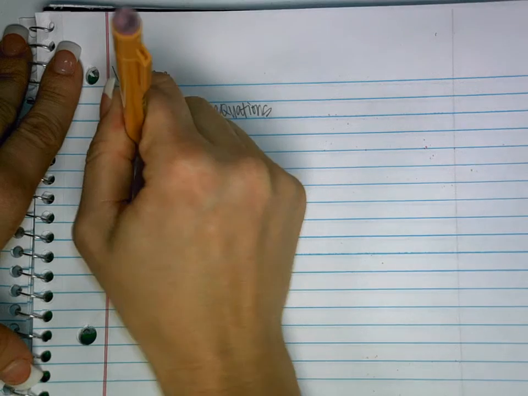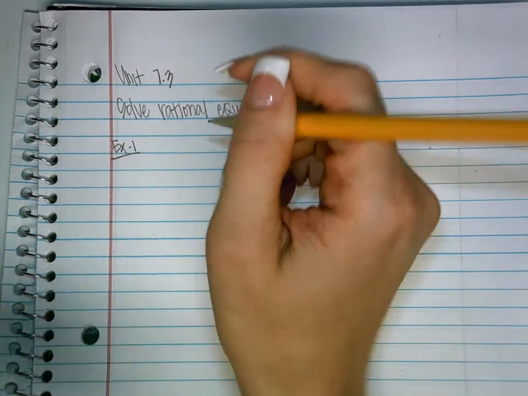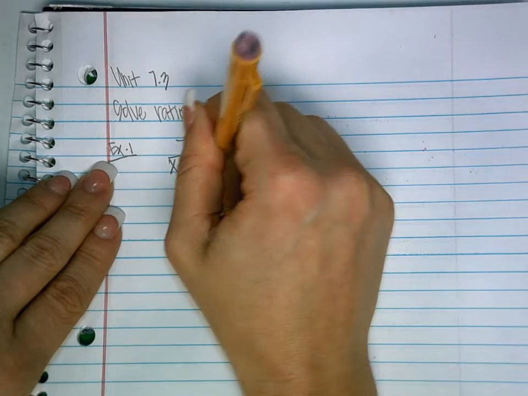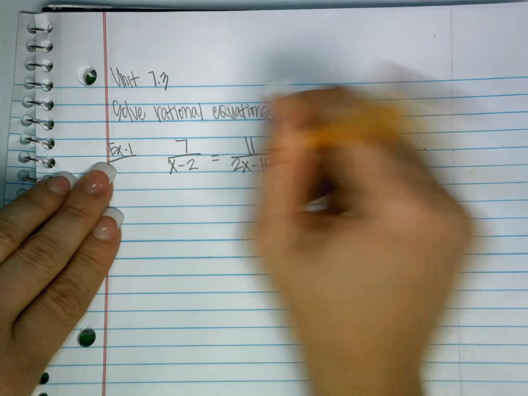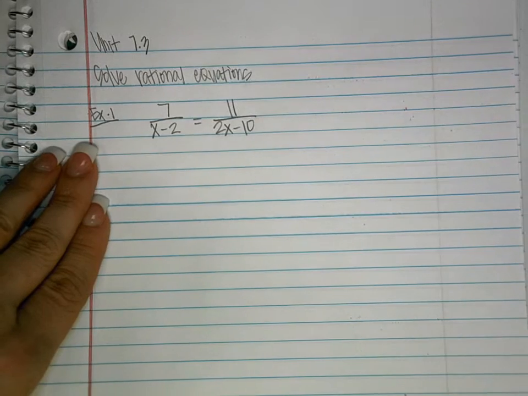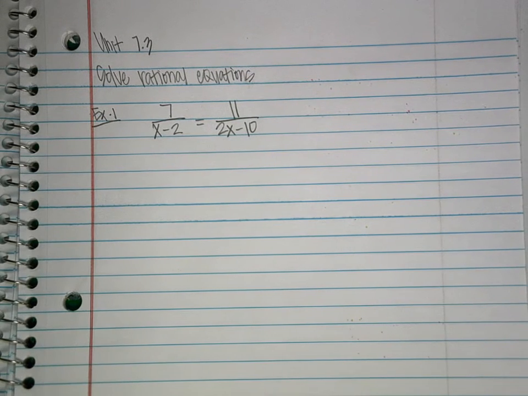For number 1, there's only 5 examples. If I give you 7 over x minus 2 equals 11 over 2x minus 10, and I want you to solve this rational equation, do we have any ideas how we will solve?